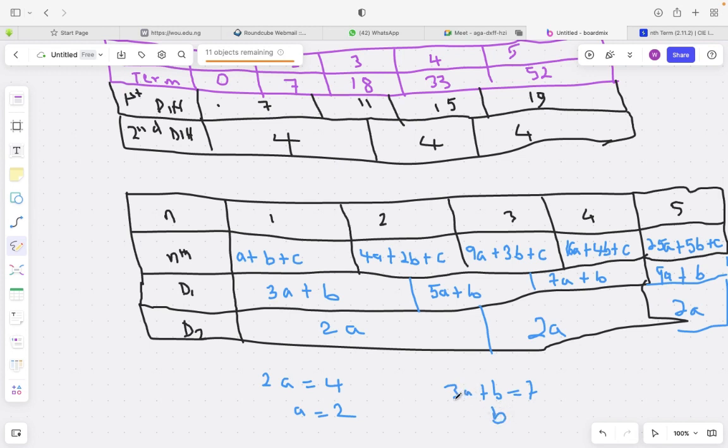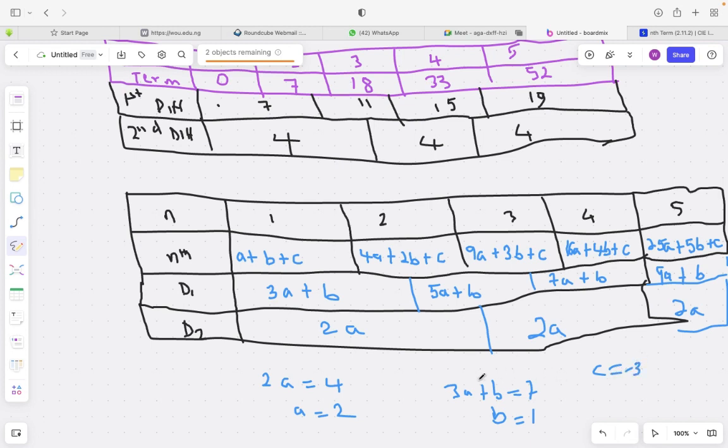You bring 6 to this side. b will be equal to 1. c will be, a is 2, 2 plus 1, that's 3, plus c equal to 0. So you move it to the other side. c will be negative 3. c equal to negative 3.